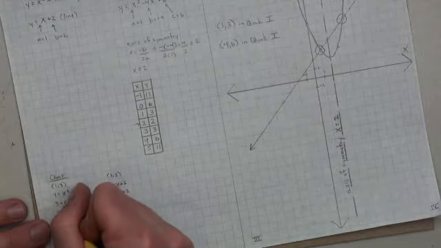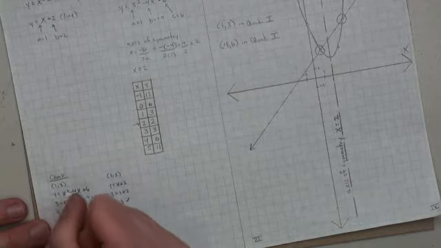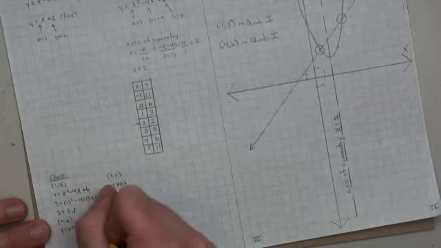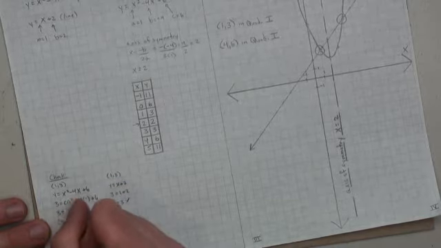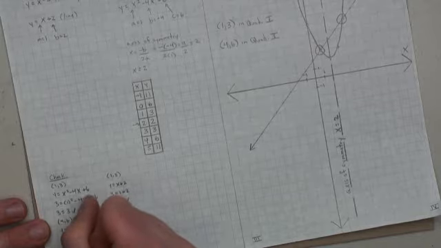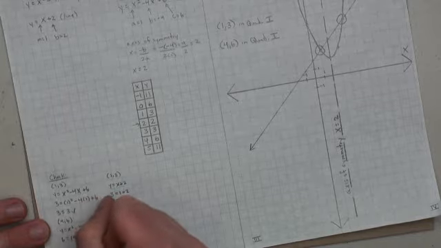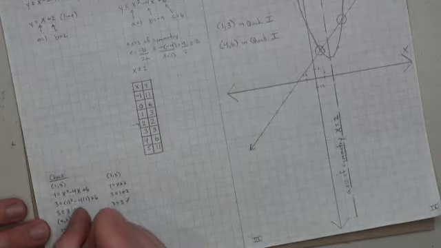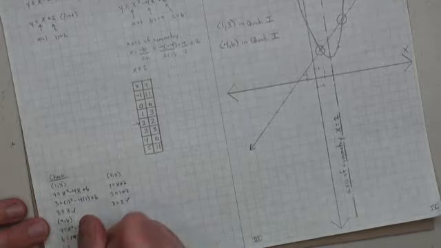Next point, 4, 6. y equals x squared minus 4x plus 6. 6 equals 4 squared minus 4 times 4 plus 6. 6 equals 4 squared is 16, minus 16 is 0, plus 6 is 6.